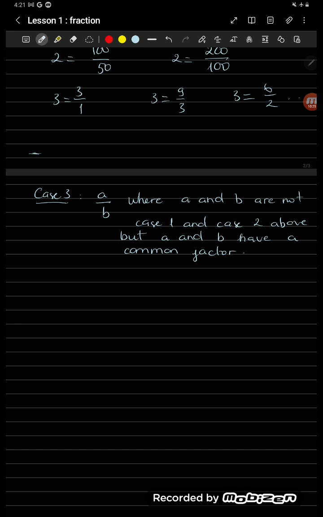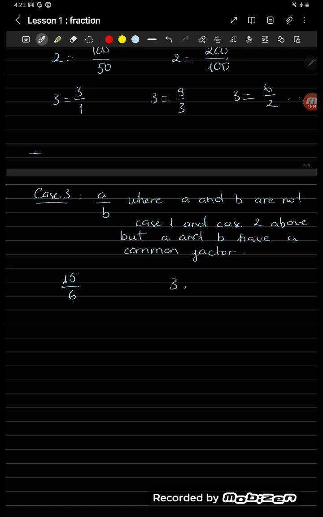Okay, so let's take an example. If I have a fraction 15 over 6, you can see both numerator 15 and denominator 6 have a common factor. It is 3, right? Because 15 can divide by 3 and 6 also can divide by 3.